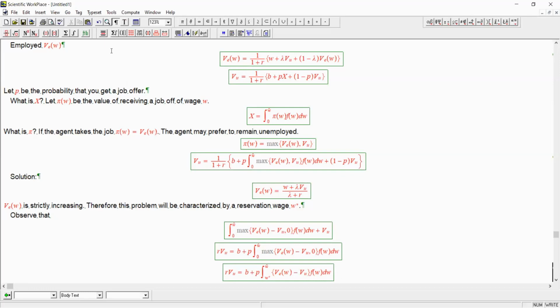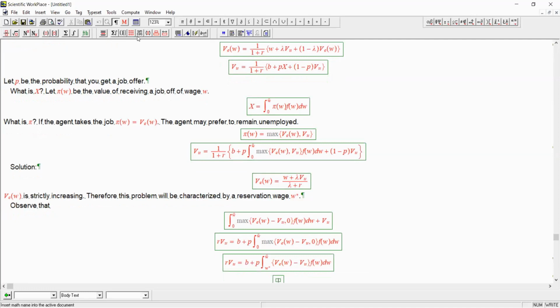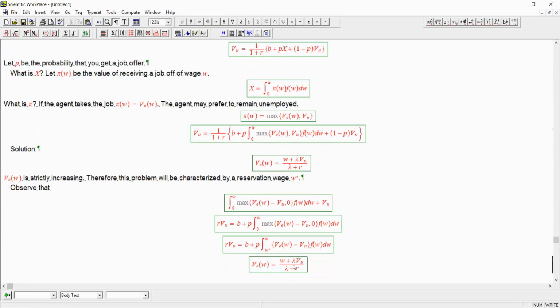Of course, this isn't the only equation that characterizes this equilibrium. The other equation is the definition of the reservation wage. We can set this equal to W star. That has to be true, just by definition of VE. For the case of W star, these two things are equal. Therefore, this is also equal to VU.